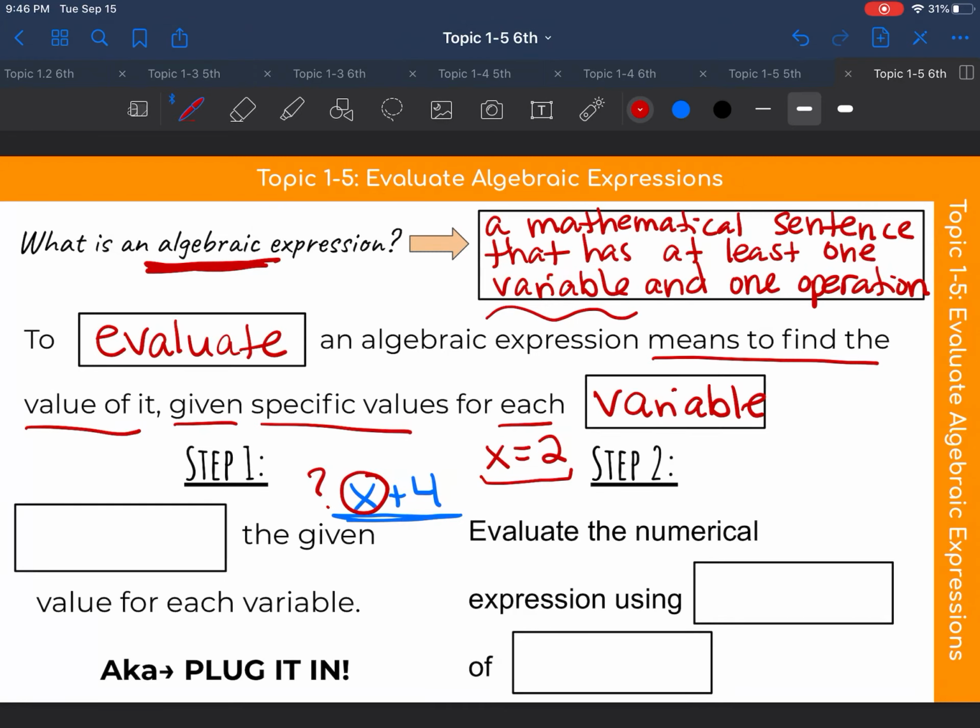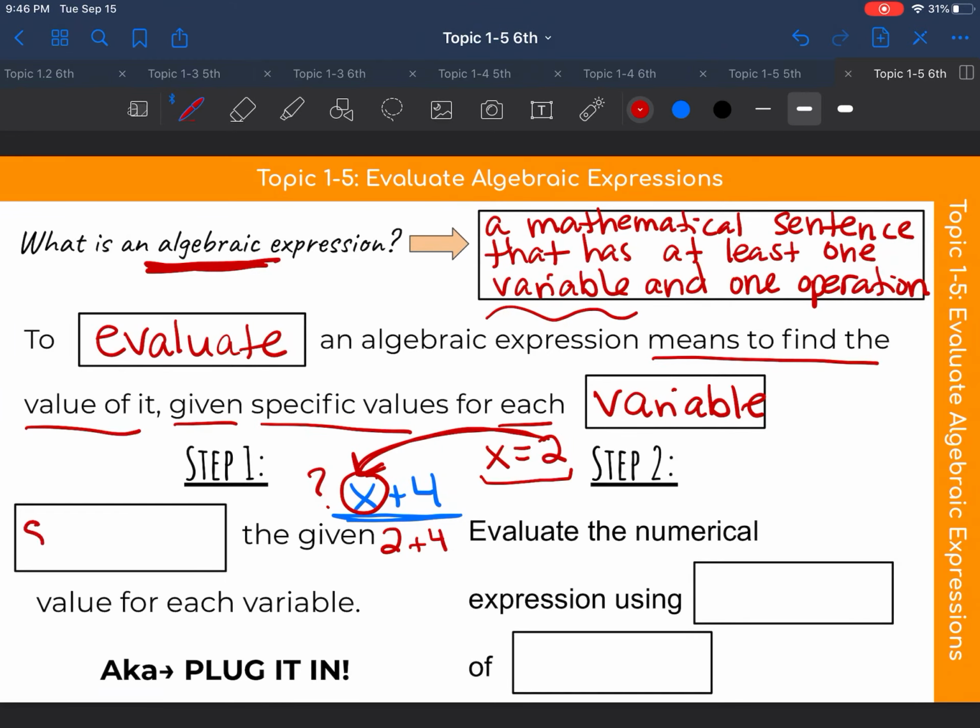Well, now that we know that unknown, what we can do is plug the value of that x, which is 2, into the expression. And we can solve it. So it will be 2 plus 4.